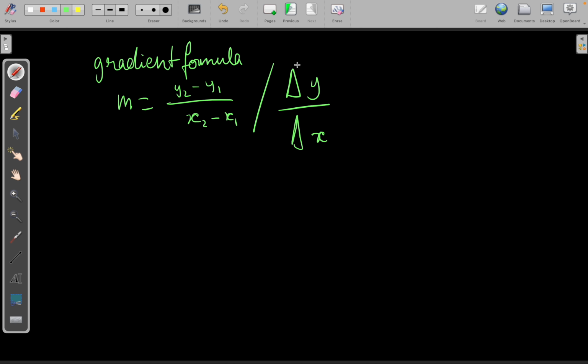But please take note that when you use this formula, you have to plug in the coordinates this way because it's basically the same thing, just more simplified. So that's the gradient formula.